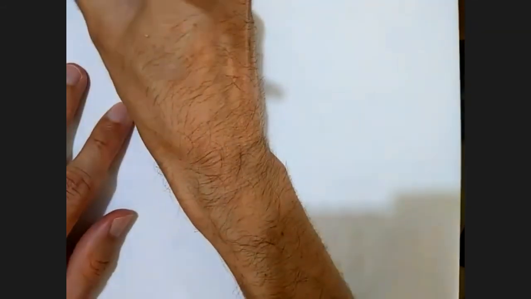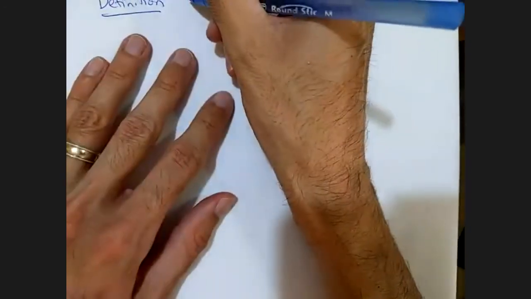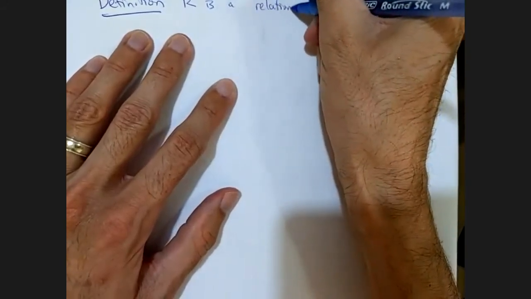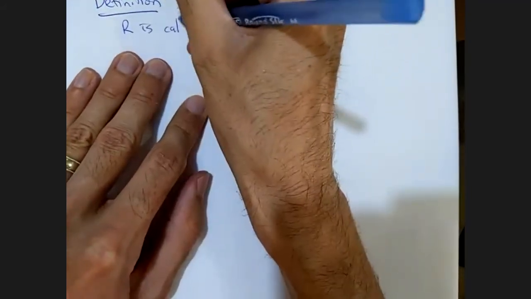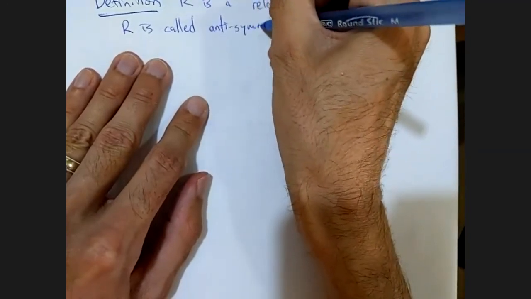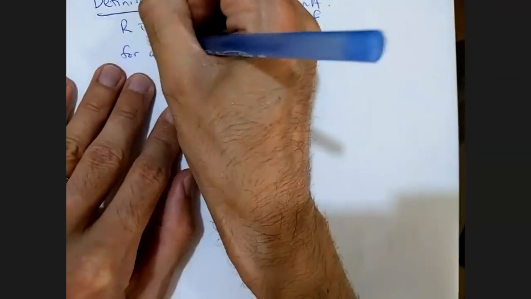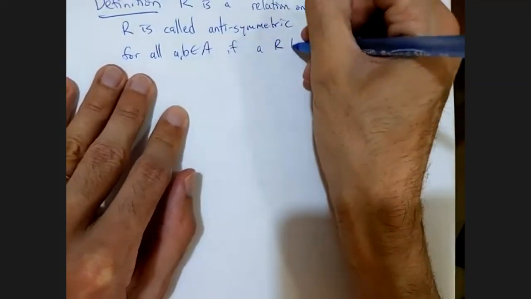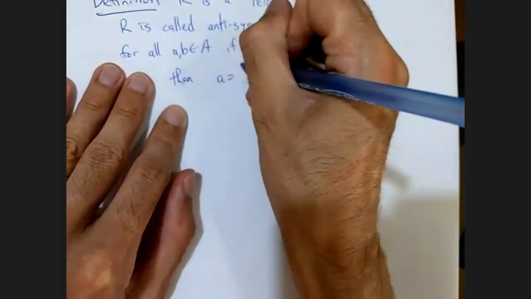Okay, definition. Again, R is a relation on A. R is called antisymmetric if for all a and b, if a is related to b and b is related to a, then a equals b.